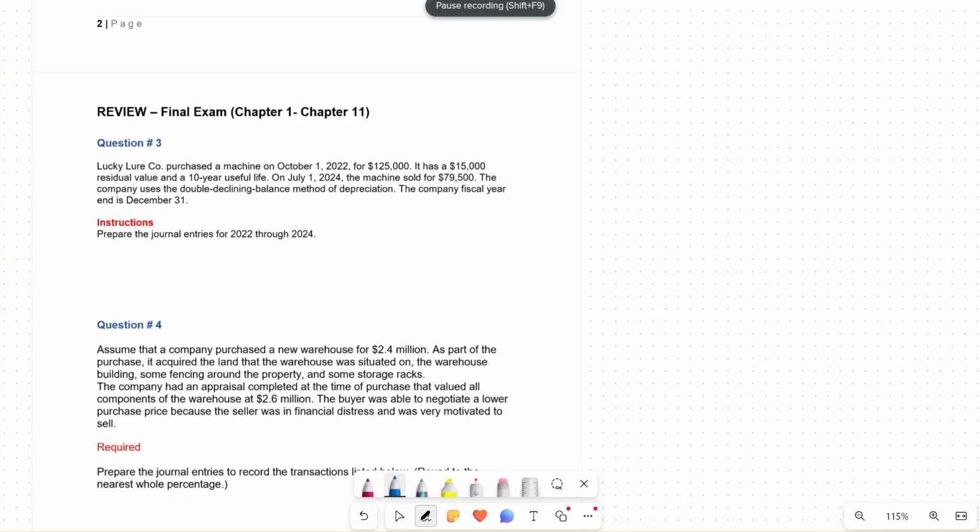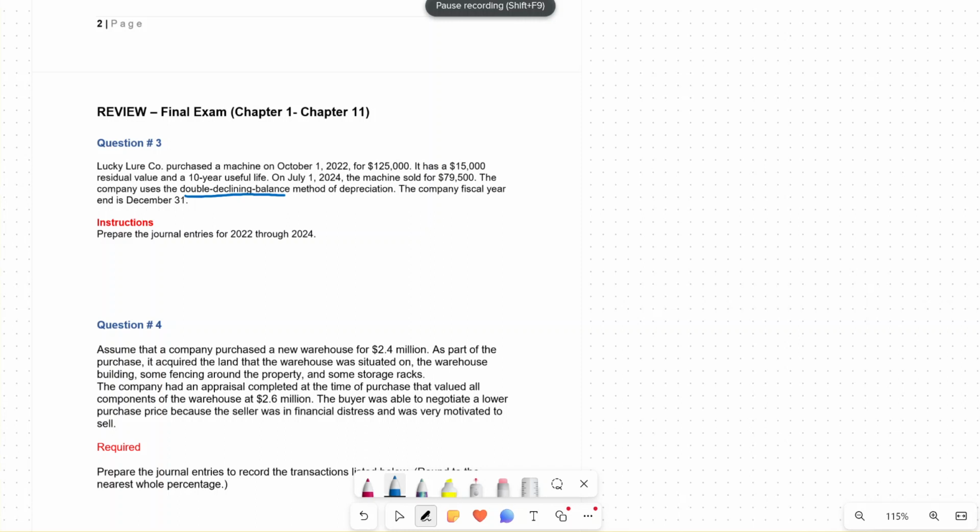In this case, we are using the double declining method, but you could be asked to do a straight line, or units of production. We cannot use units of production here, but we could use straight line. If you're asked to do straight line, it's going to be the same depreciation every year over the life.